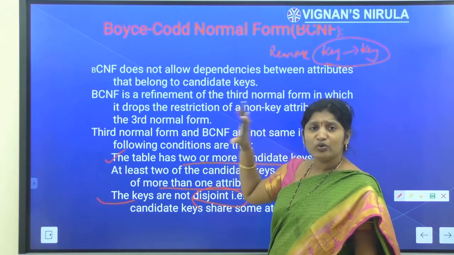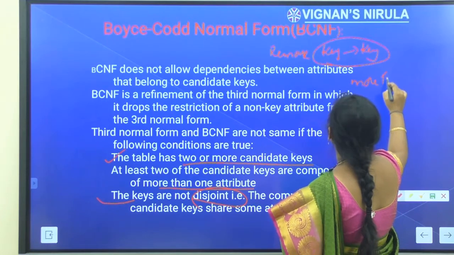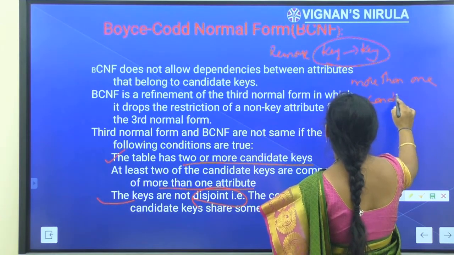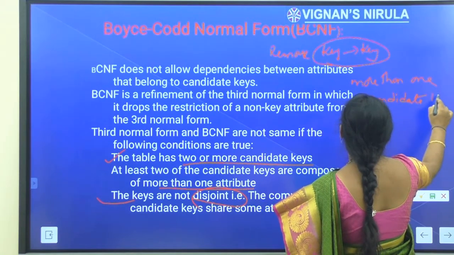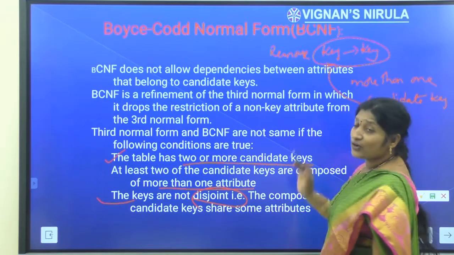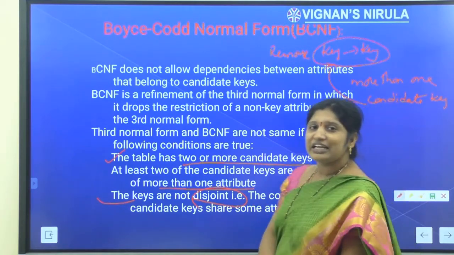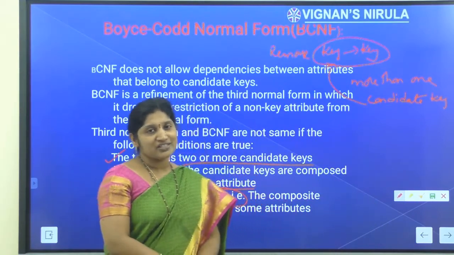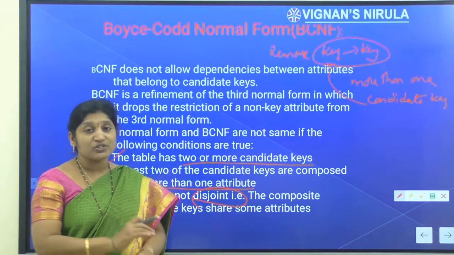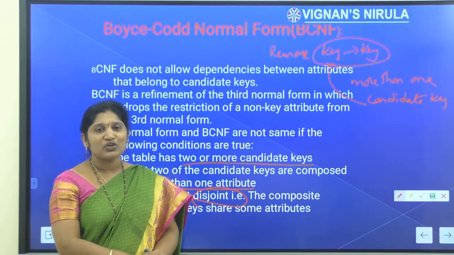So if within your table you have more than one candidate key, and one candidate key is dependent on another candidate key, we should remove those candidate key to candidate key dependencies by using BCNF. So BCNF mainly aims to remove the dependencies between the candidate keys present in your table.